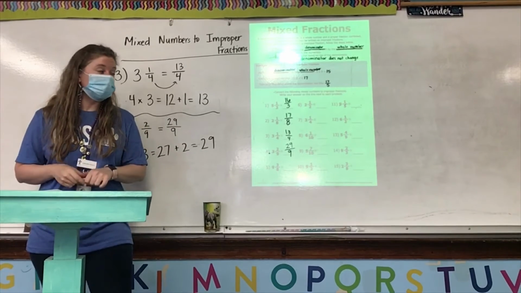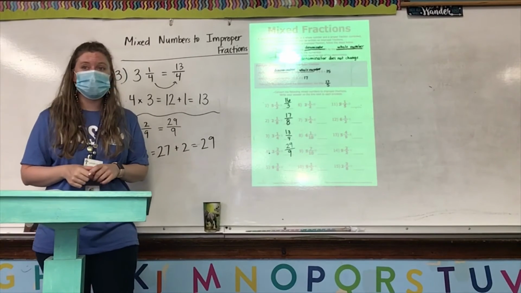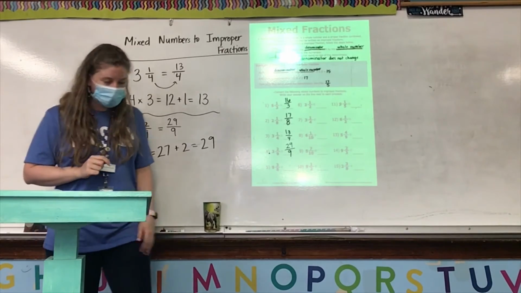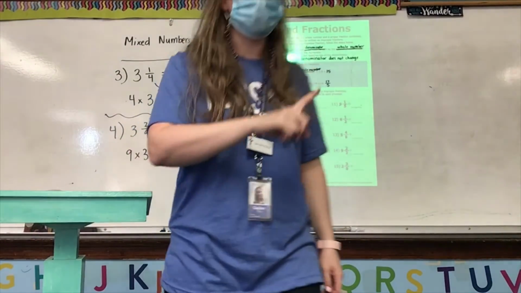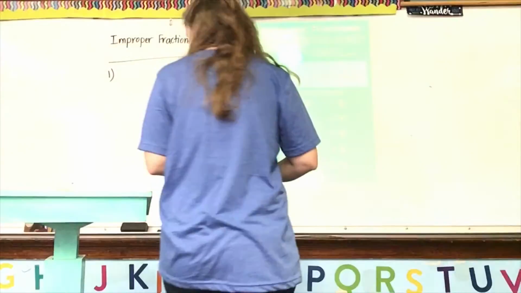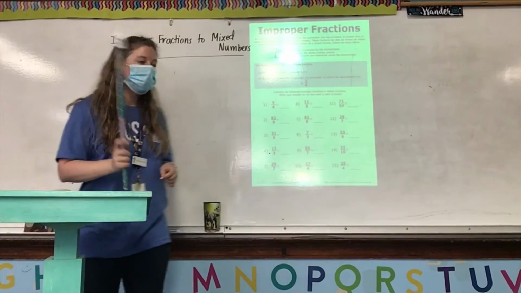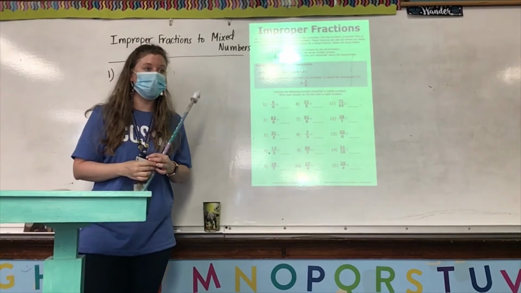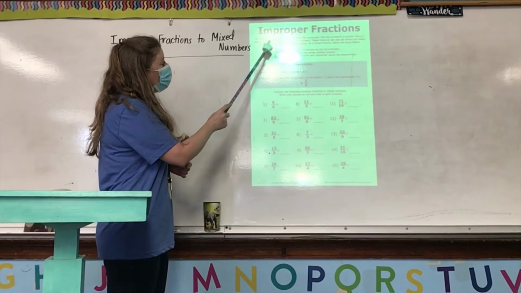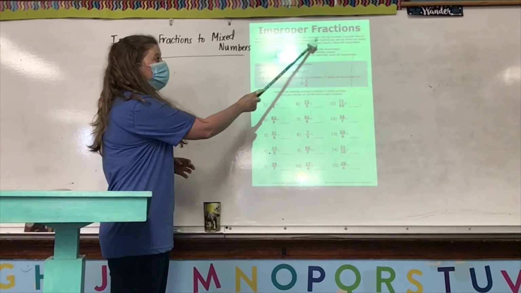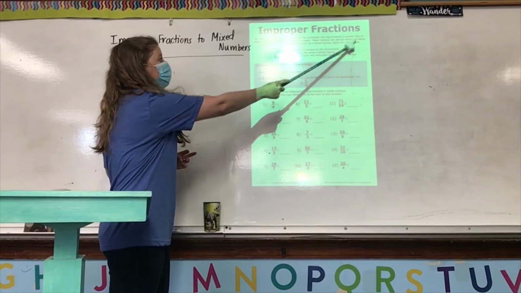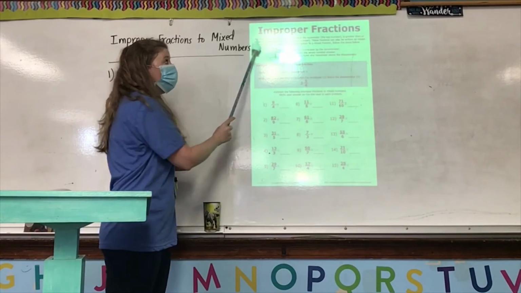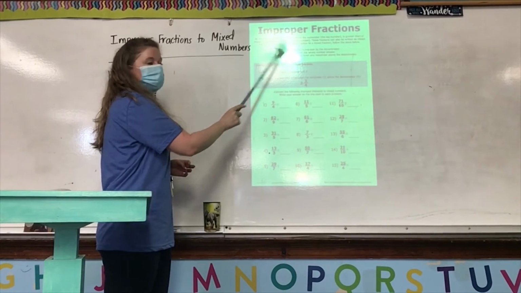Okay, let's convert improper fractions to mixed numbers. Go ahead and look at the back. You'll finish this later. Read the sentences under the title to yourself while I read them out loud. An improper fraction is a fraction where the numerator, or the top number, is greater than or equal to the denominator, the bottom number.